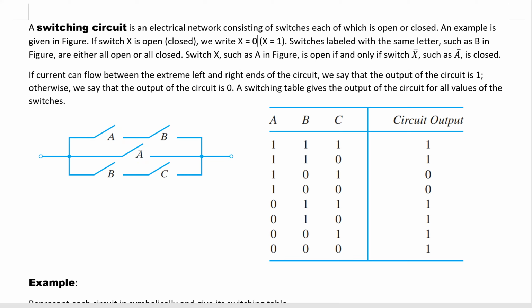If current can flow between the extreme left and right ends of the circuit, we say that the output of the circuit is 1. Otherwise, the output of the circuit is 0, then the current cannot flow from the left to the right. So a switching table gives the outputs of the circuit for all values of the switches.